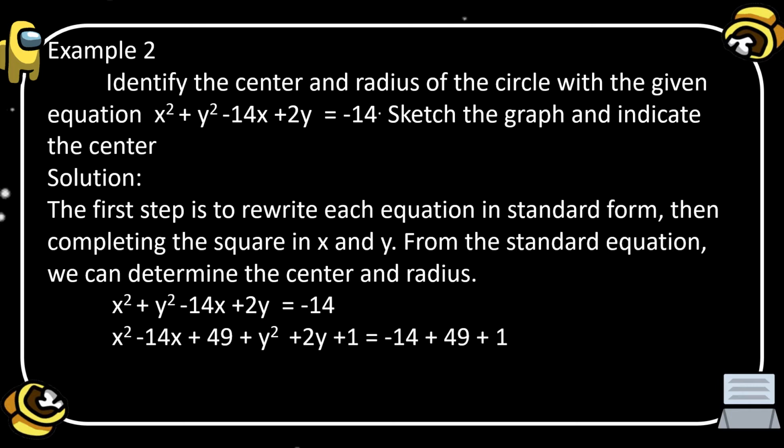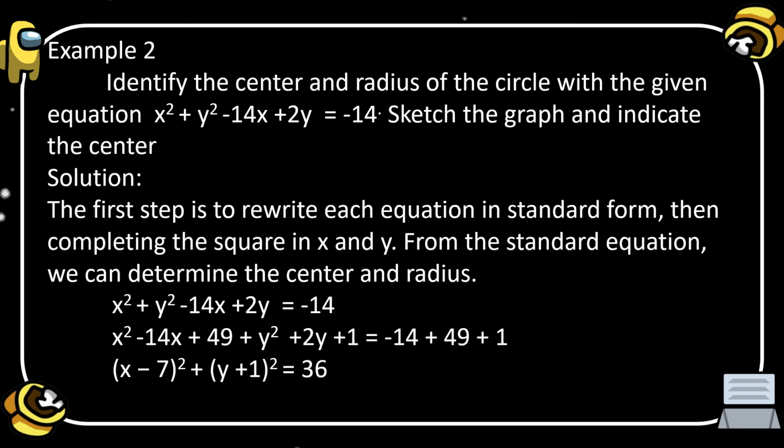So the expression is y squared plus 2y plus 1, and the right side is negative 14 plus 49 plus 1, because we add positive 49 on the left side. Whatever number you add to the left side, you also add to the right side. So that is negative 14 plus 49 plus 1.